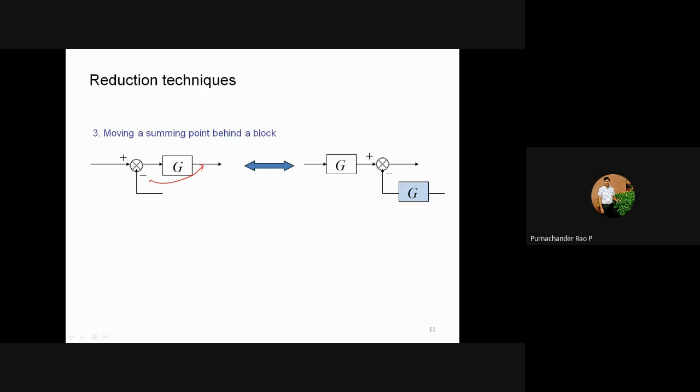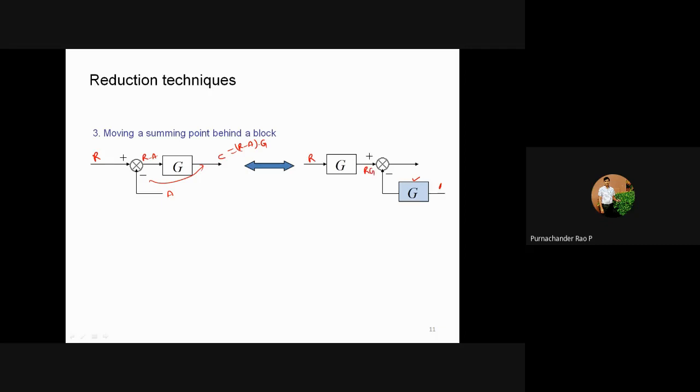In this process you have to add G. Here the input is R and your output is C, and you are adding only one particular A. Your output C is going to be R minus A, because R is coming here minus A, so R minus A into G. This is your output, and whenever you are shifting this you also have to get the same value, and that's why here you are getting R into G.